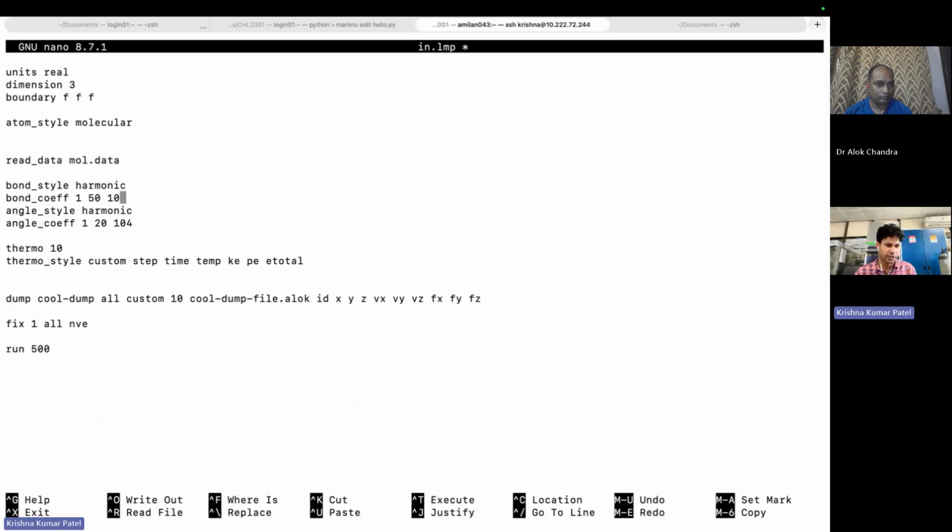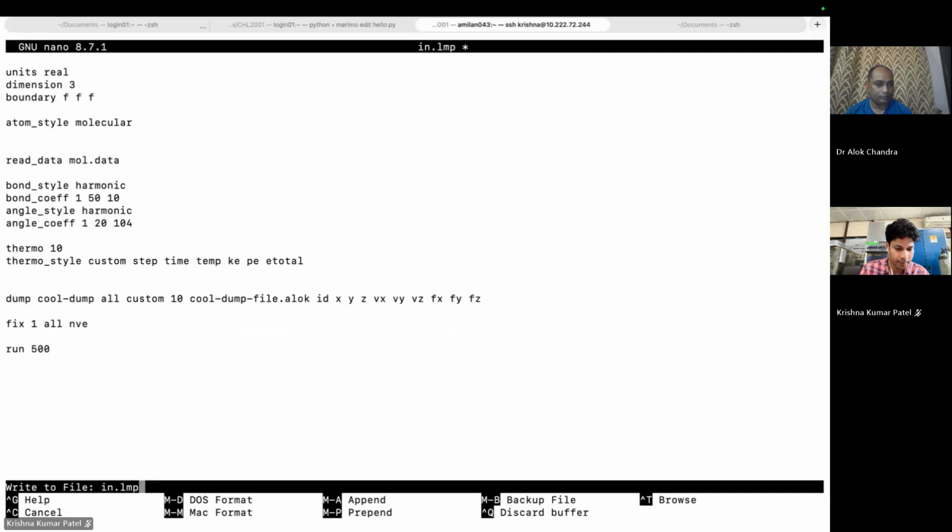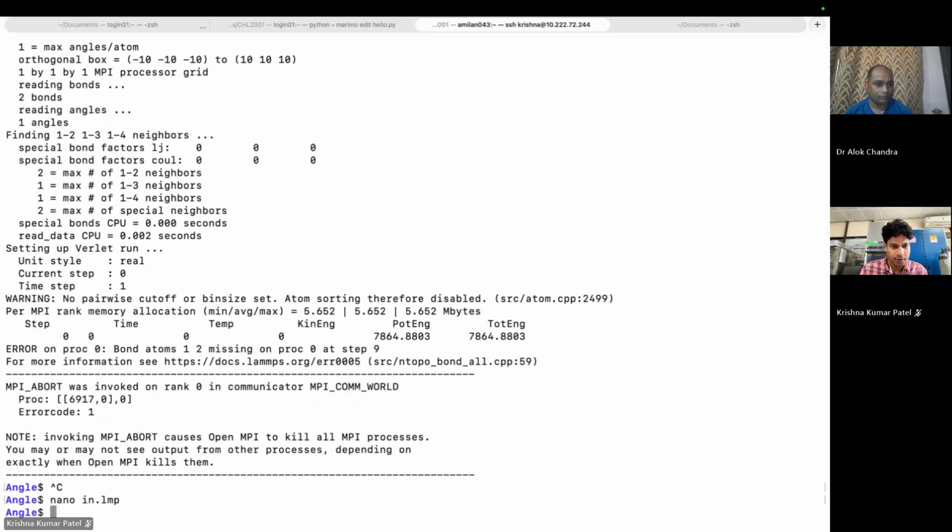Yes, we want to maintain a bond length of 10. It starts running, but then it says bond atoms 1 and 2 missing on processor 0 at step number 9. Up to step number 9 it's okay, but at step number 10 it misses the bond.